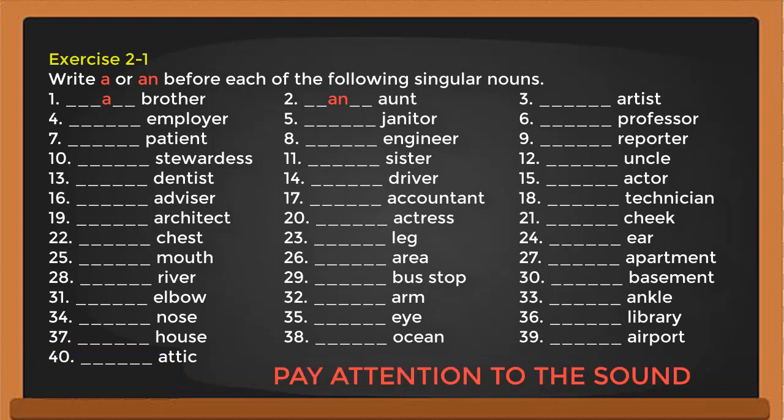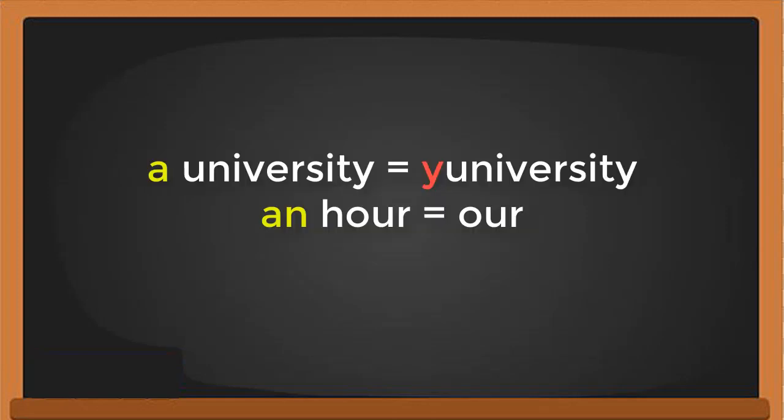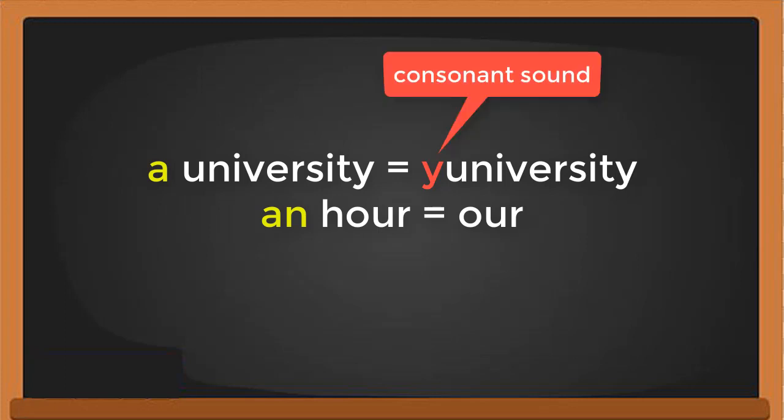Remember what I said before? You have to pay attention to the sound, not the letter. For example, a university. Why do we use a for university when it's obvious U is a vowel? Because the sound of the noun is not a vowel sound, but a consonant sound.